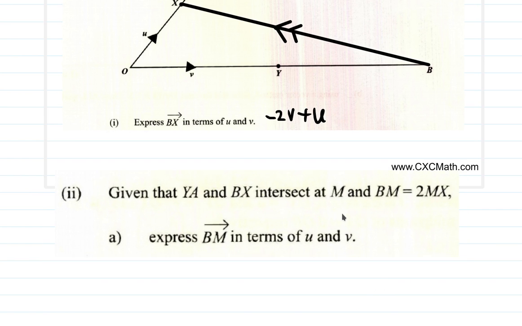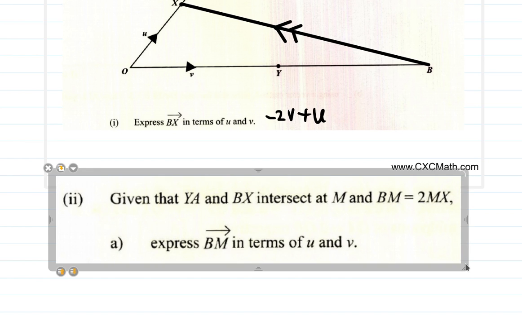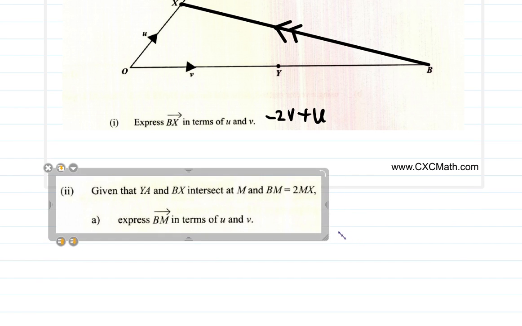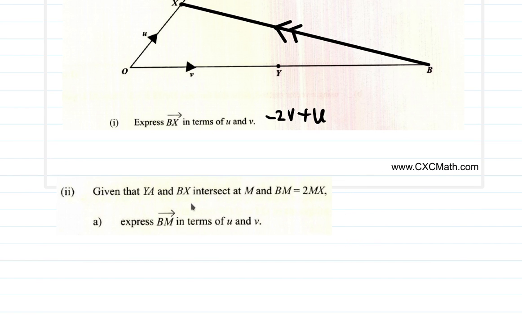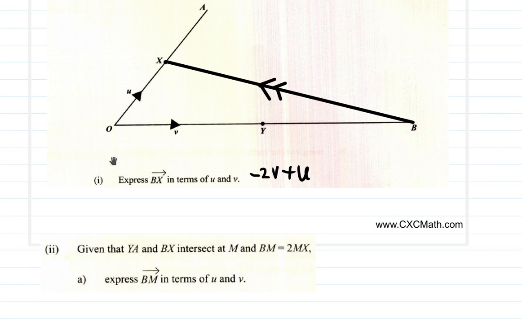What it says here, given that YA and BX, let's see, YA would be this line from Y to A. Let's erase them and rewrite them, YA and BX.